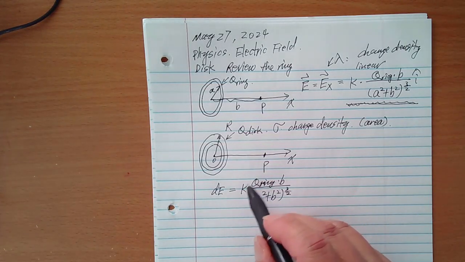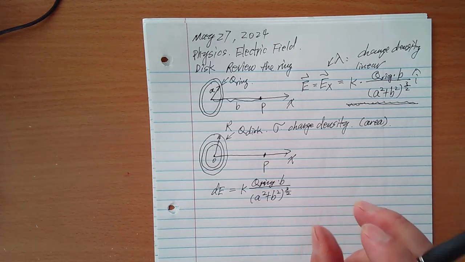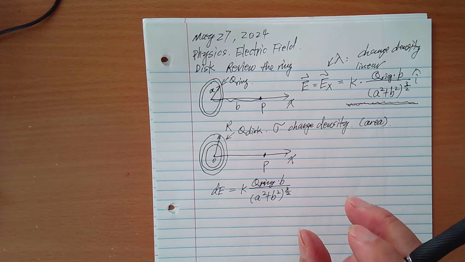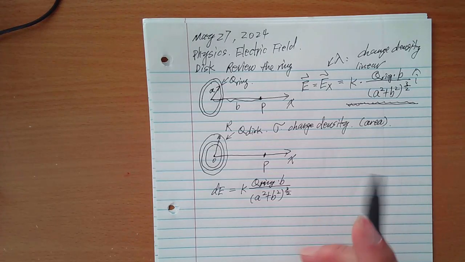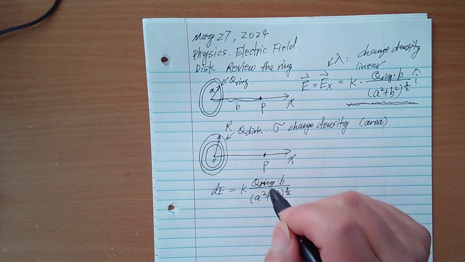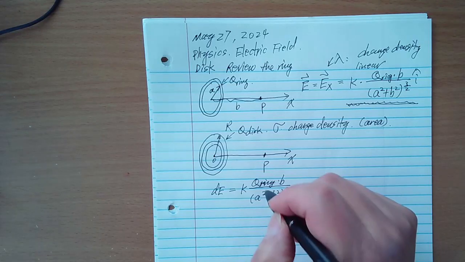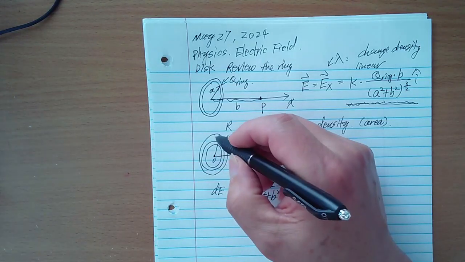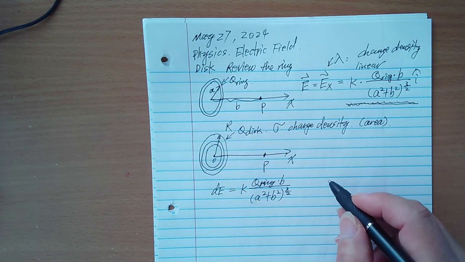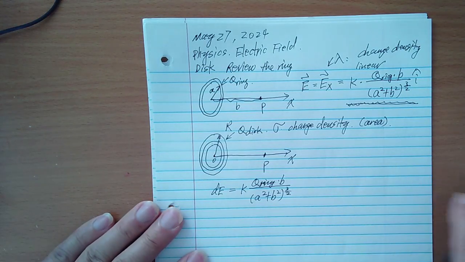Now we have to change this to some element, so that we can put in limits and integrate. The second part that most people get confused by when solving this problem is that we're going to use the thing called dr. I will explain right now.